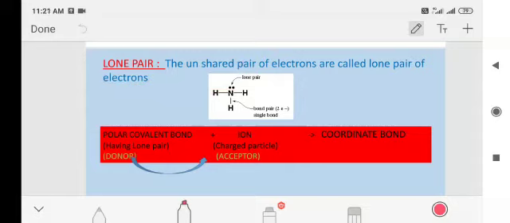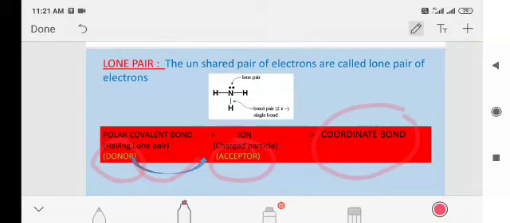Now come back to the coordinate bond. A coordinate bond is formed between a donor and an acceptor. The donor is the one which gives electrons, and the acceptor is the one which receives the electrons. And finally, a coordinate bond is formed. Still, things may not be clear for you.